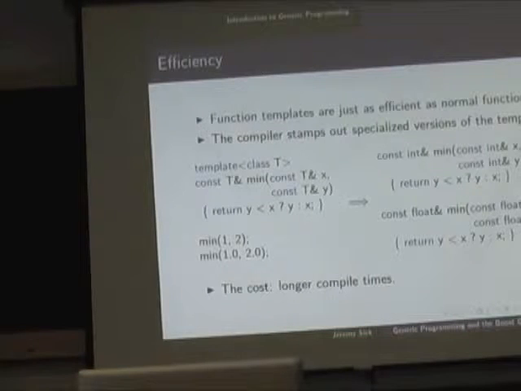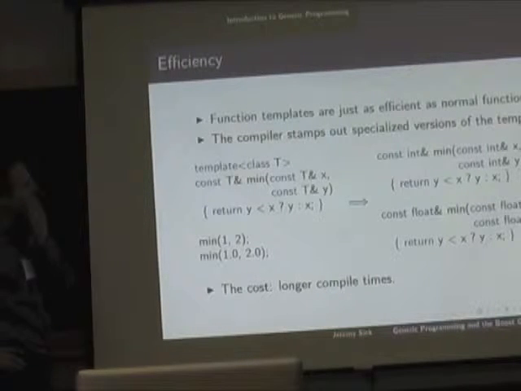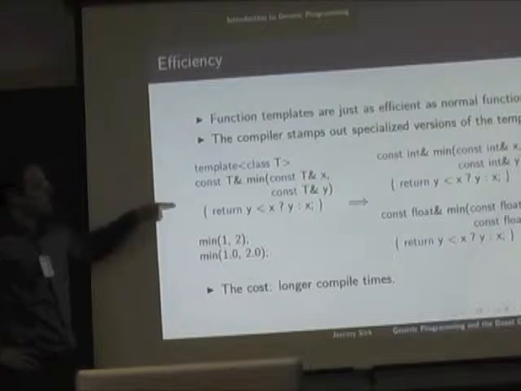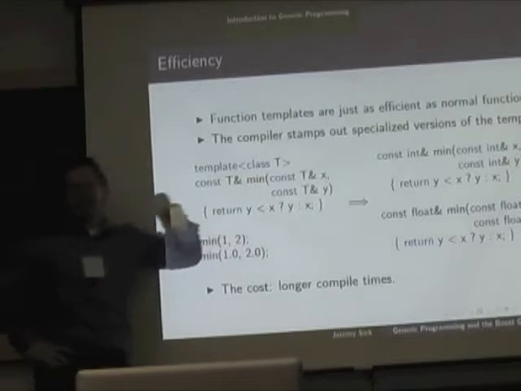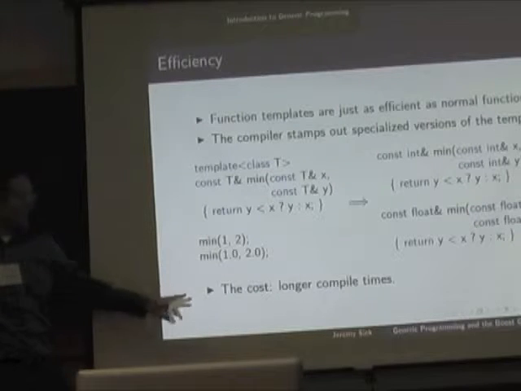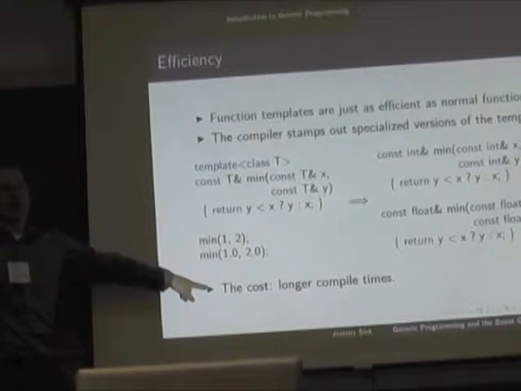One thing I should mention is that this is me talking from a programming language design perspective. It's sort of sad that C++ always compiles this way. You always get full instantiation, you always pay the long compile time.